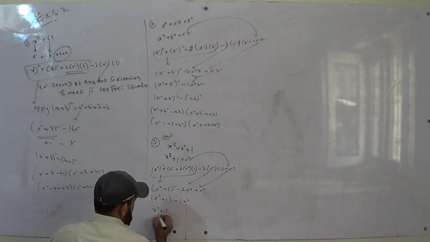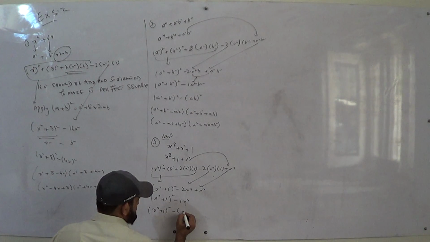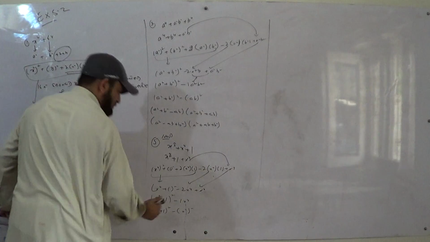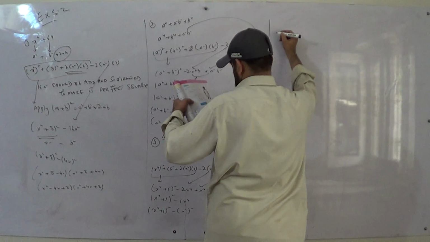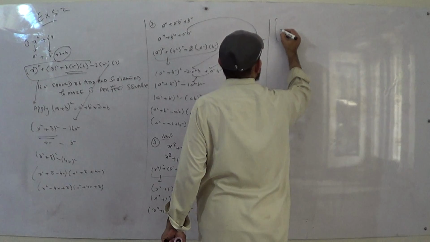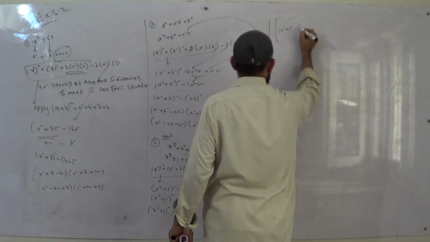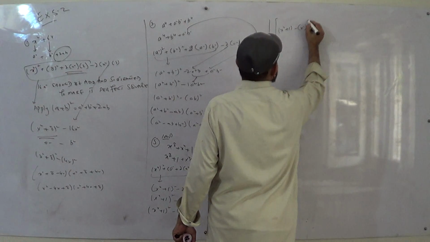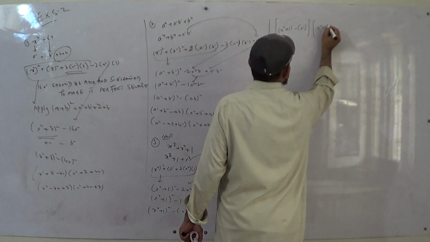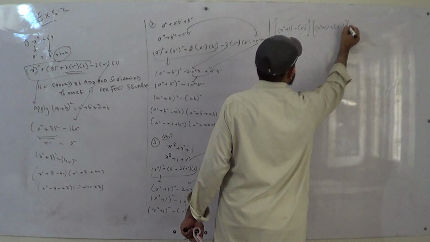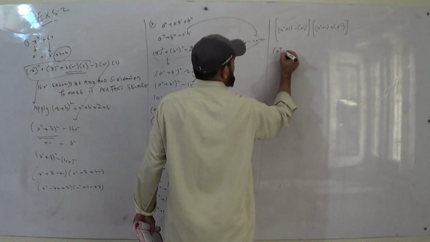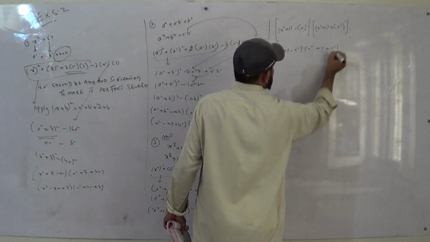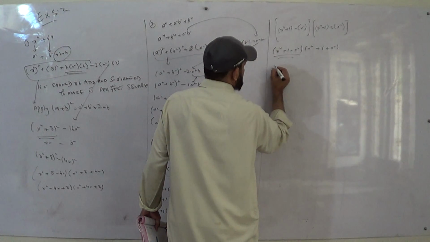Now a square minus b square, (a - b)(a + b). We get (x^4 + 1 - x^2)(x^4 + 1 + x^2). Arrange in the order.